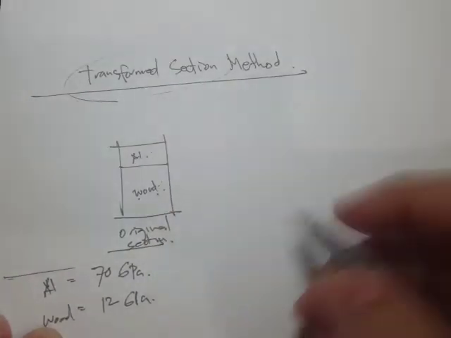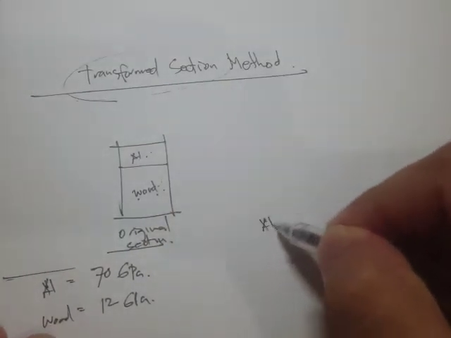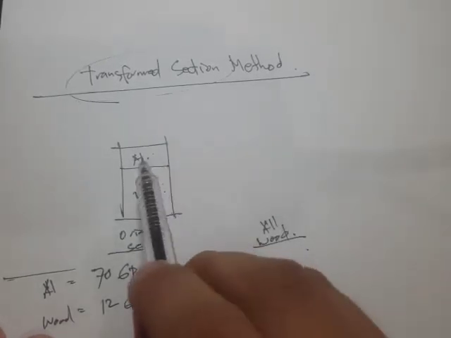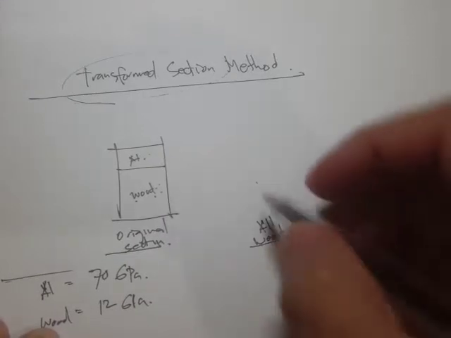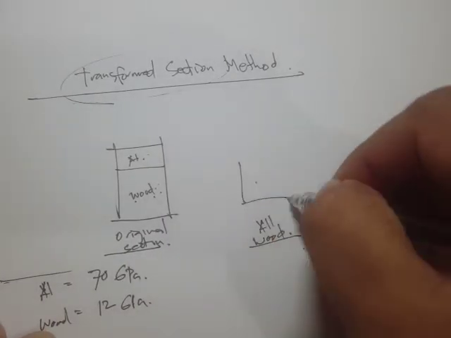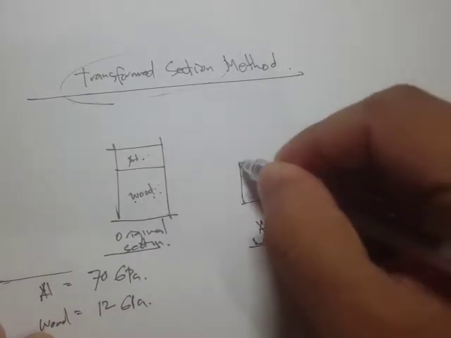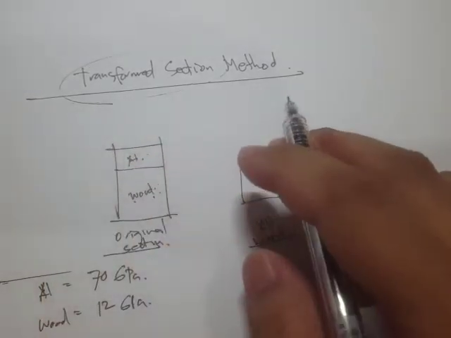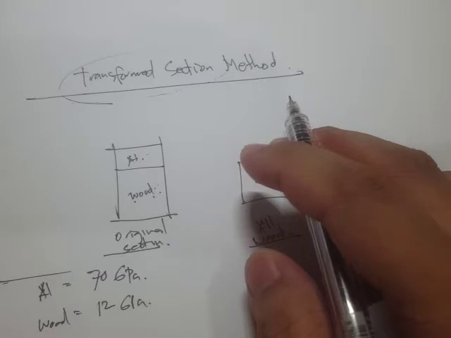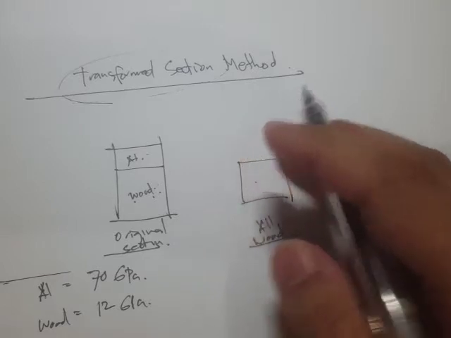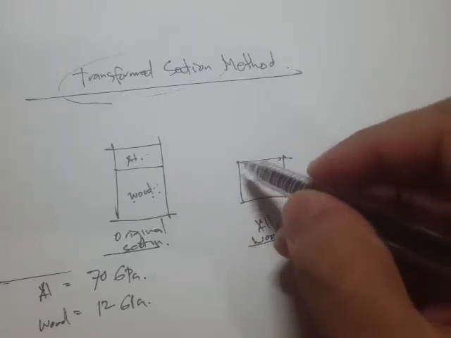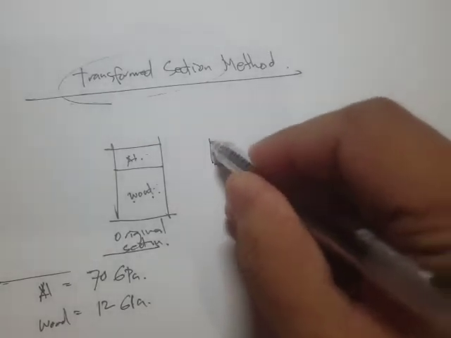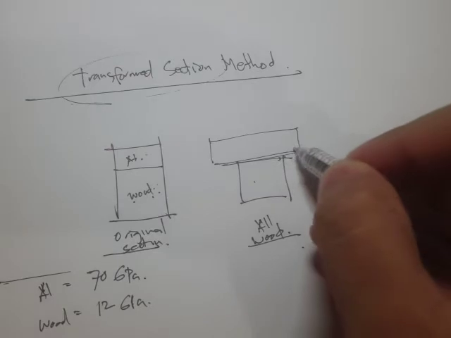Now, for example, let's say I want an all wood. So that means we are going to transform the aluminum to wood. So what that looks like would be something like this. But in order to transform the aluminum to wood, it must have the same capacity. So there's going to be changes in the geometry, and typically the changes would be in terms of the area.